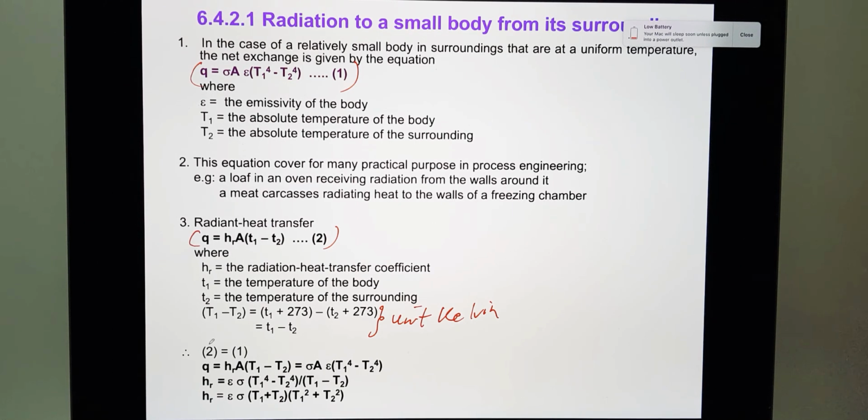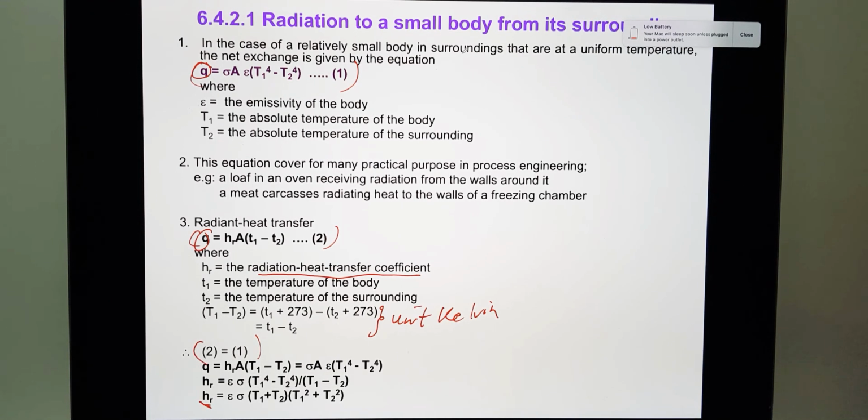So if we equate equation 2 to equation 1, because both are meant for Q, then you will get the value for HR. If we need to calculate the radiation heat transfer coefficient, the value for HR equals epsilon times sigma times (T1 plus T2) times (T1 squared plus T2 squared).